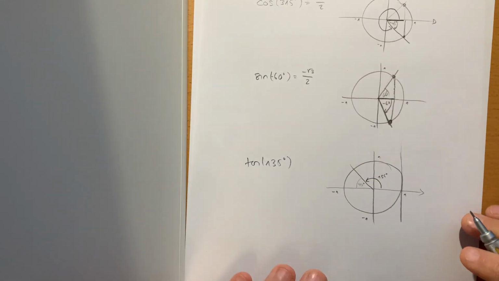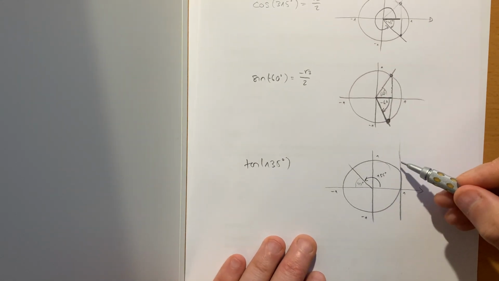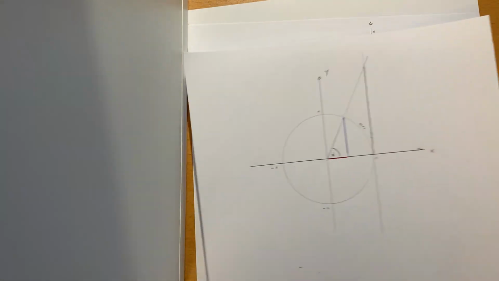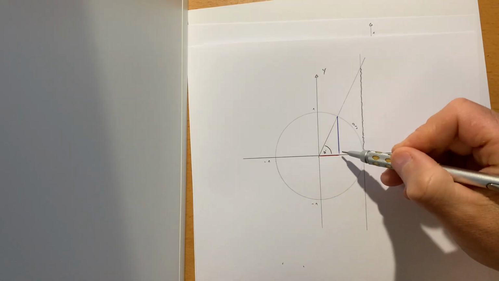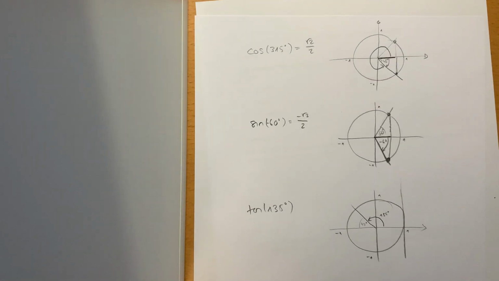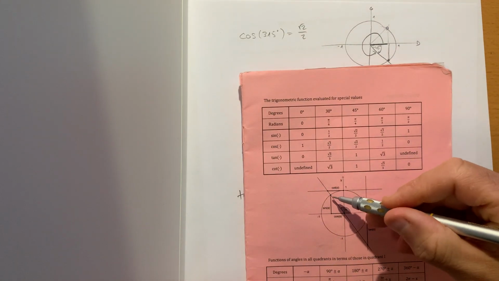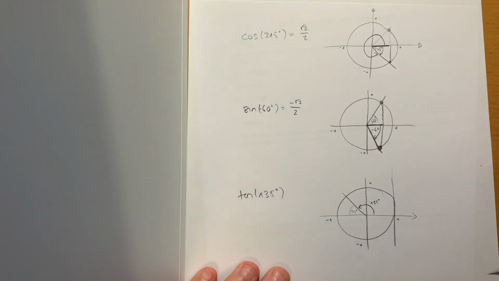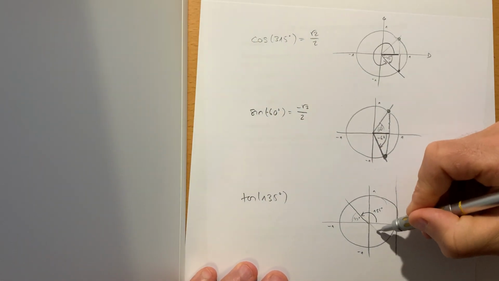And now look, the tangent doesn't hit up here, like in my explanation here. For an angle in this quadrant, you have your tangent here. But for an angle in the second quadrant, you have your tangent down here. So you just continue this line.